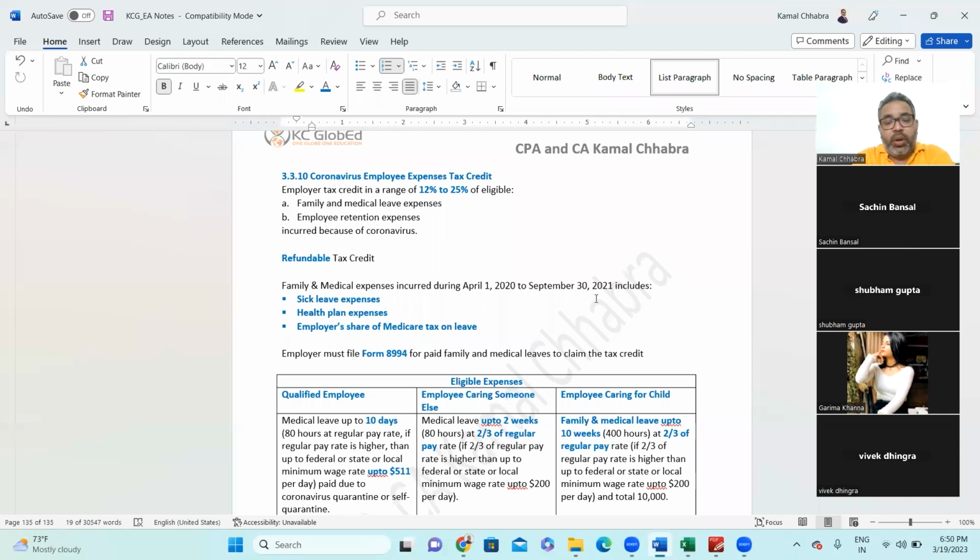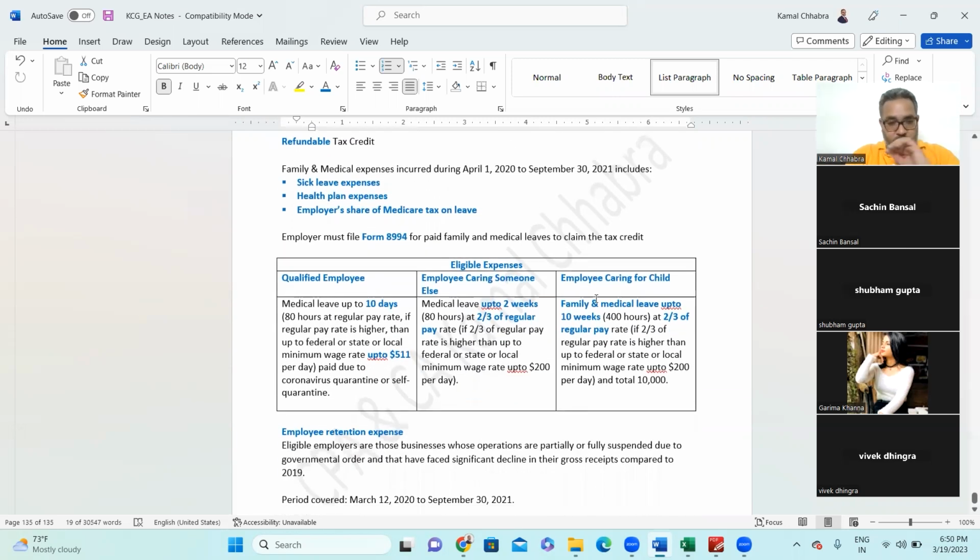Second, the employer has paid for a health plan for the employee. Third, the employer has paid Medicare taxes even though the employee is on leave at that point of time. All those expenses are covered here. But to avail the benefit, the employer must file Form 8994. That is important for paid family and medical leave.